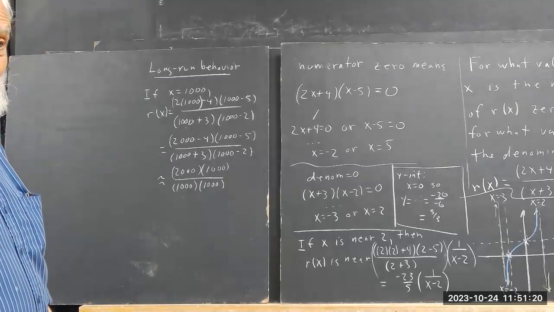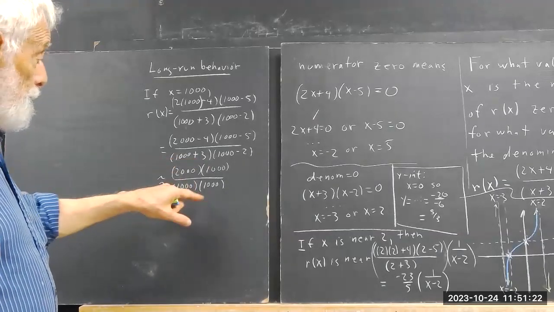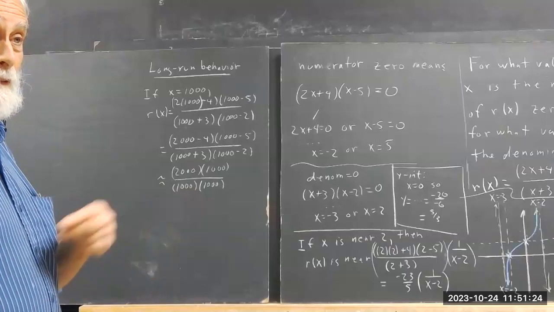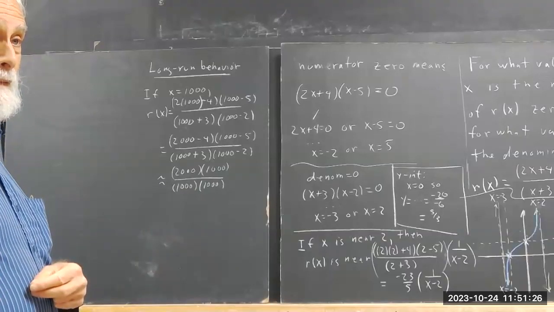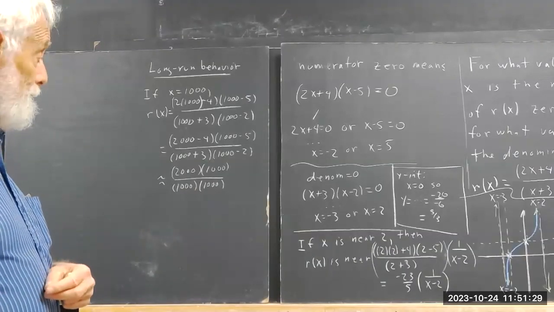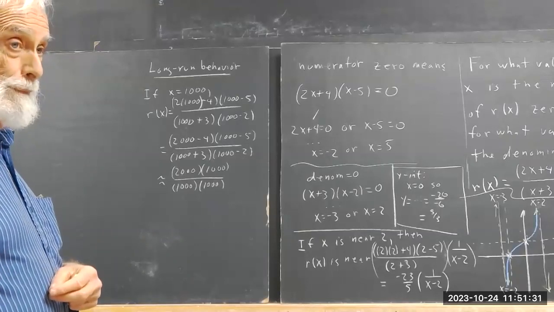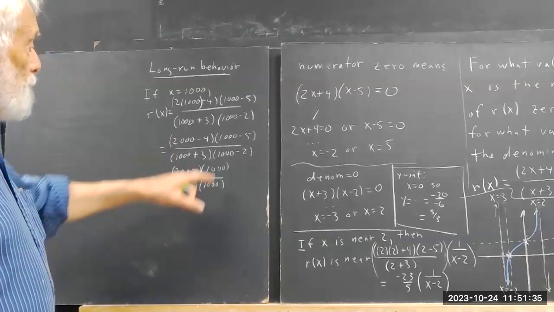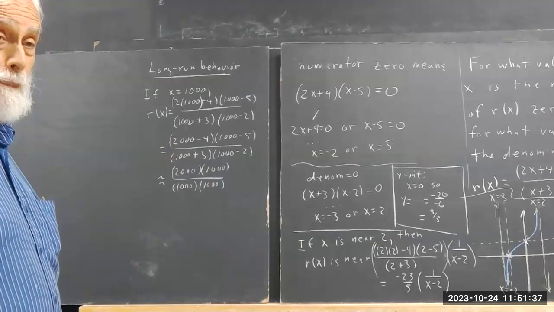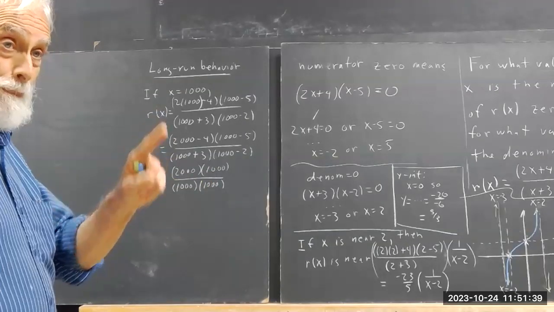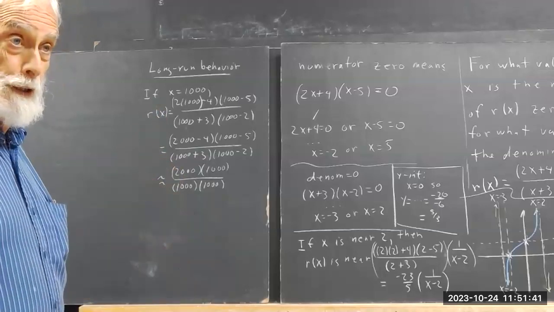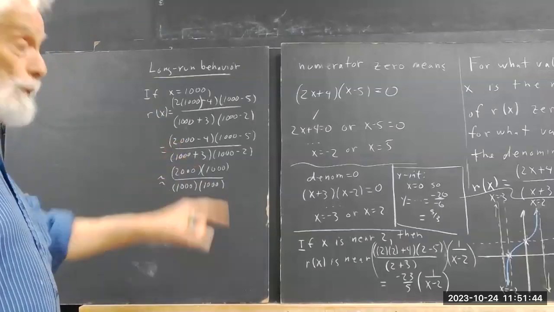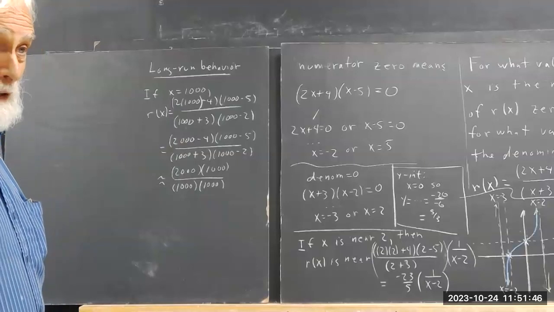What do you get if you calculate this? Well, let's think about it. What's 1,000 divided by 1,000? 1. What's 2,000 divided by 1,000? So we get 2 times 1.